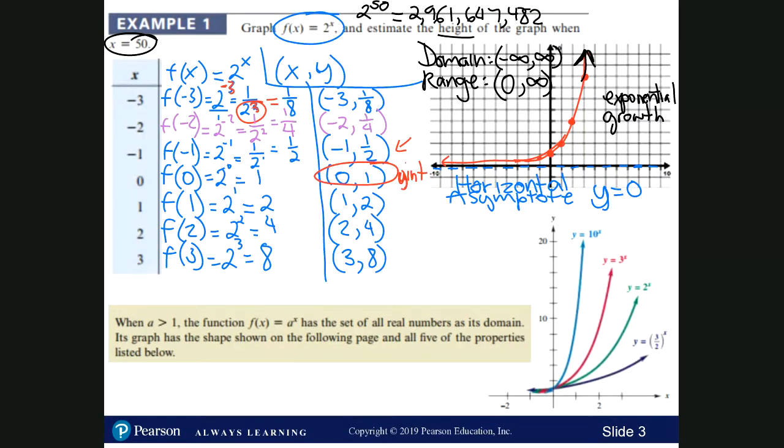We do care about these exponential functions because a lot of things that happen in our world could be modeled with an exponential function. And we could talk about examples in science, such as bacteria growth or exponential decay.